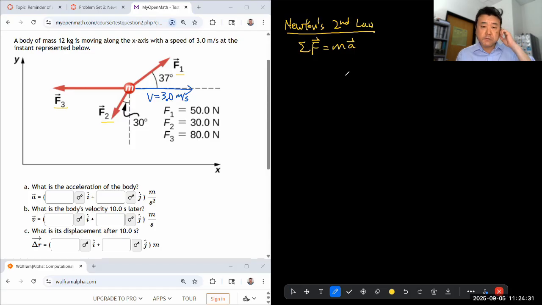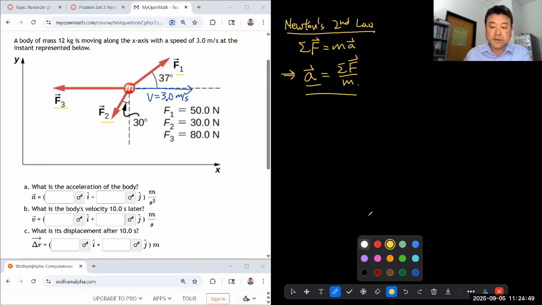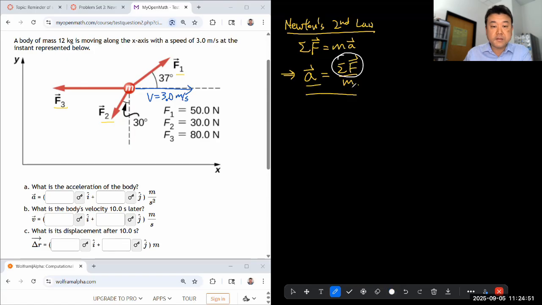Especially when we want to make the causal relationship clear, we would say it's acceleration, which is being caused by the net force, divided by mass. So to find the acceleration, all we have to do is first find the net force and then divide by mass.